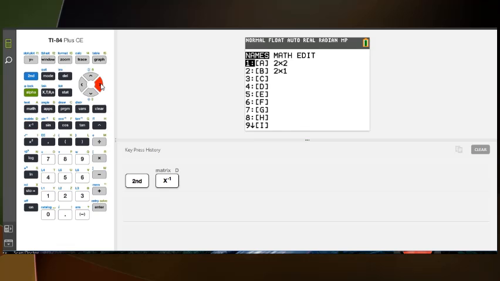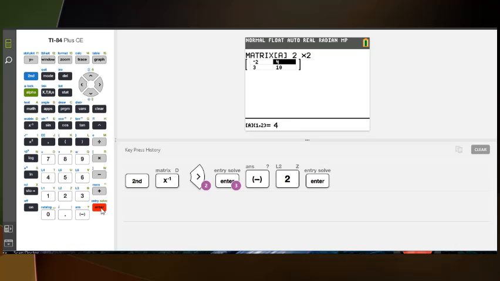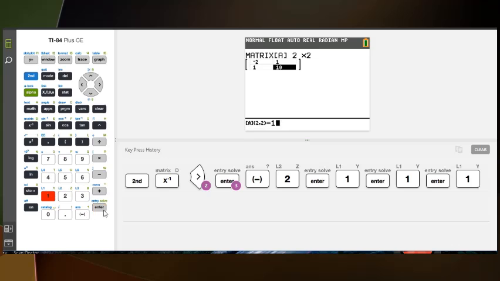We're first going to edit matrix A. Again, it's a 2 by 2, so I'm satisfied with that, and I'm going to substitute in the coefficients from the previous slide: minus 2, 1, 1, and 1.